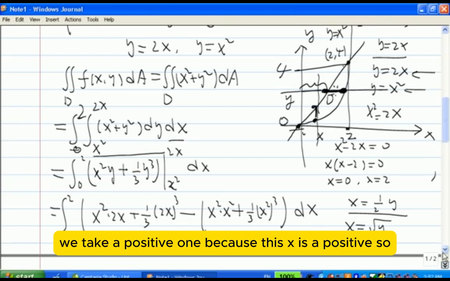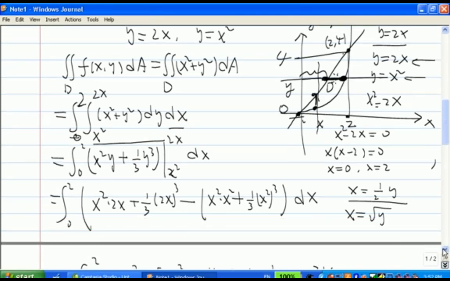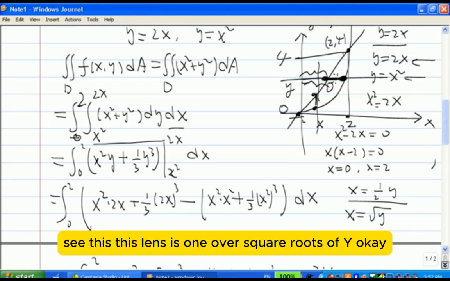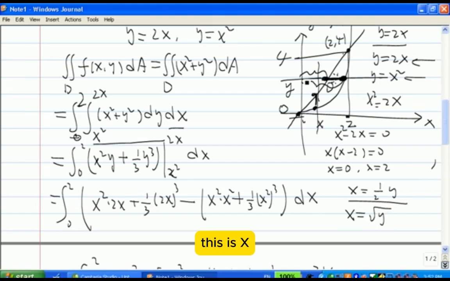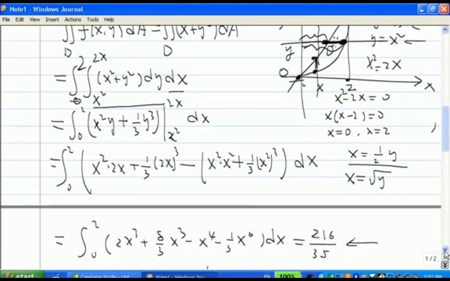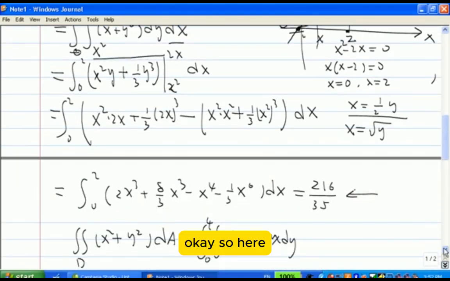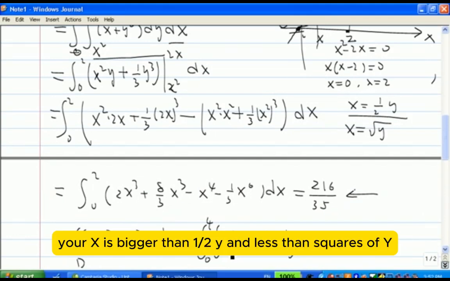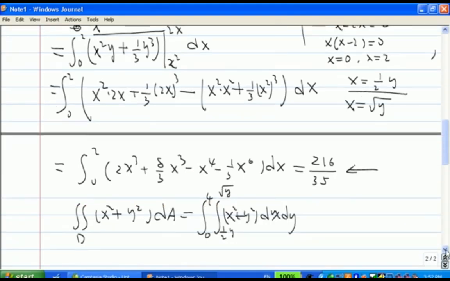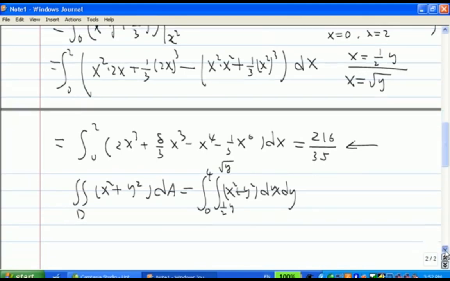So see this length is square root of y. This is x. So here your x is bigger than 1/2 y and less than square root of y.